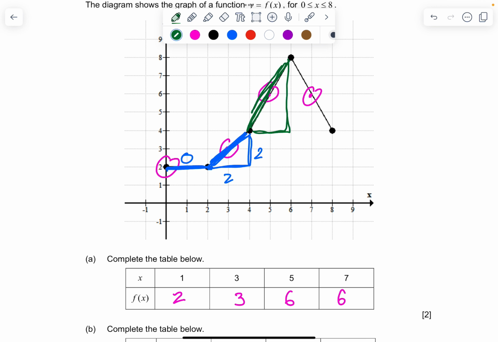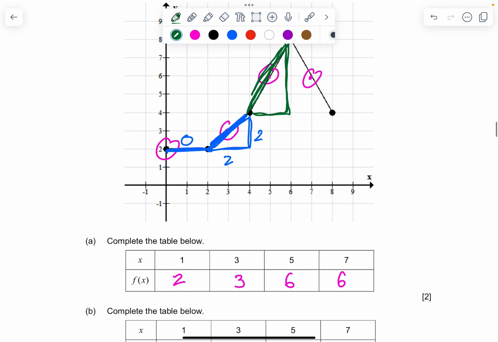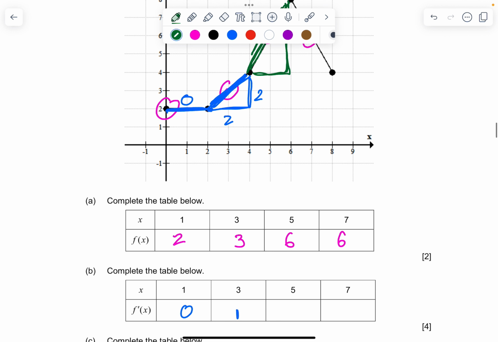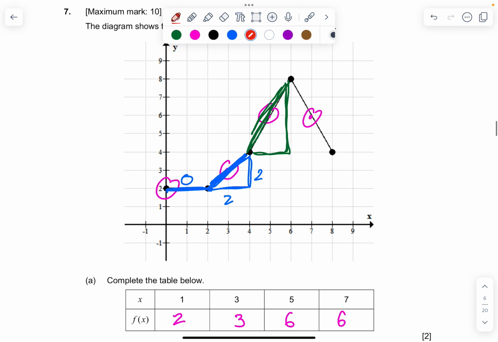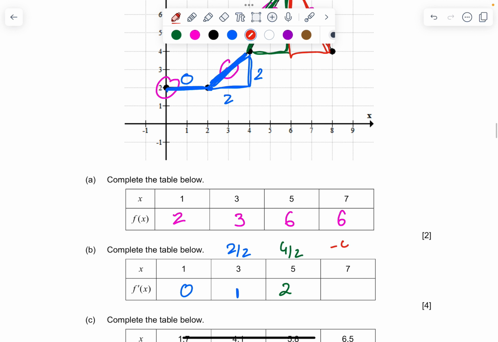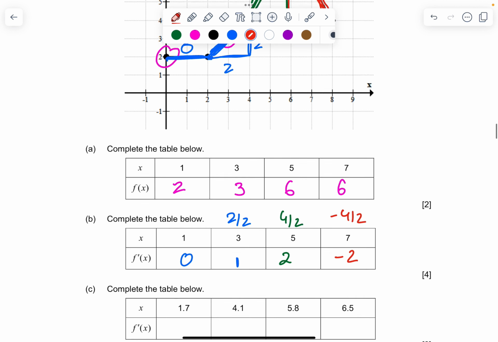What is the gradient of this line? 4 by 2, which is 2. This is 2 divided by 2, 1. And finally 7. 7 is during this line. It is coming downwards. So negative 4 divided by 2, negative 2.